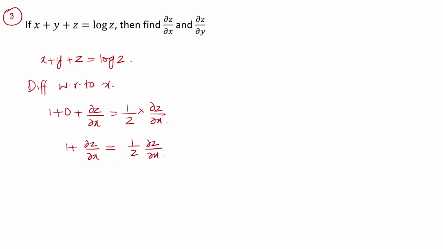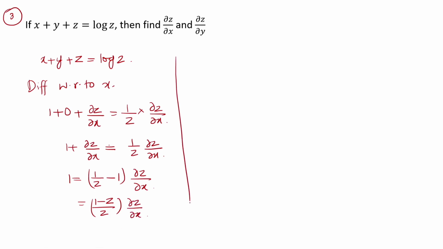Otherwise we can take 1 is equal to (1/z − 1) into ∂z/∂x. Therefore, we can simplify this: (1 − z)/z into ∂z/∂x. From this, we'll find ∂z/∂x.